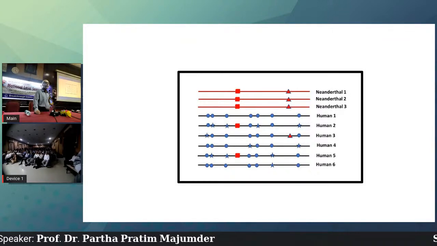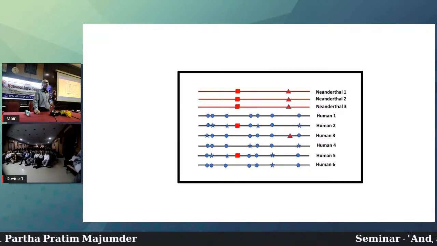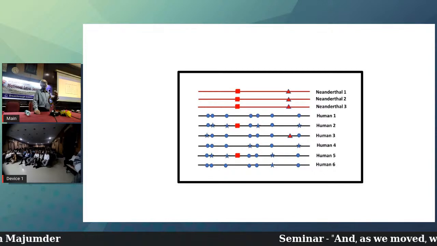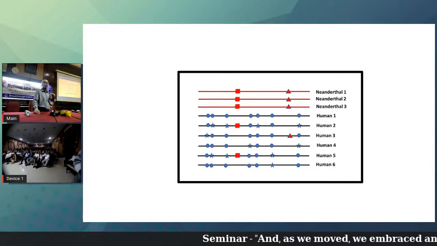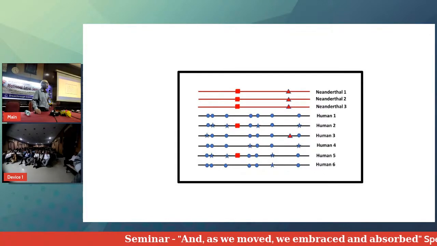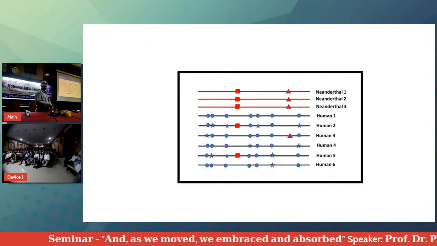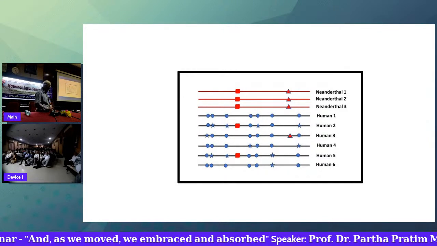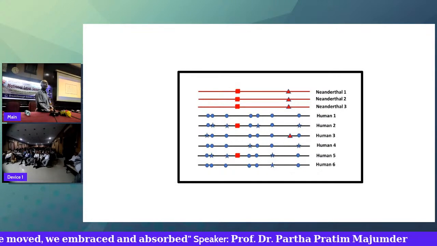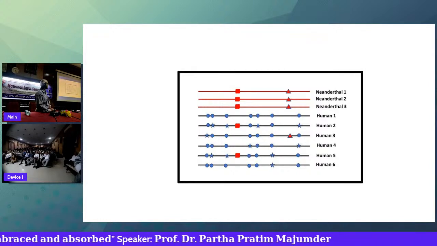For that, he needed to identify these specific spots in the Neanderthal DNA which did not match with the humans, but later, as we'll see, they were contributed to the human DNA, and that's how we know that there was. Well, I won't give away the story right now.